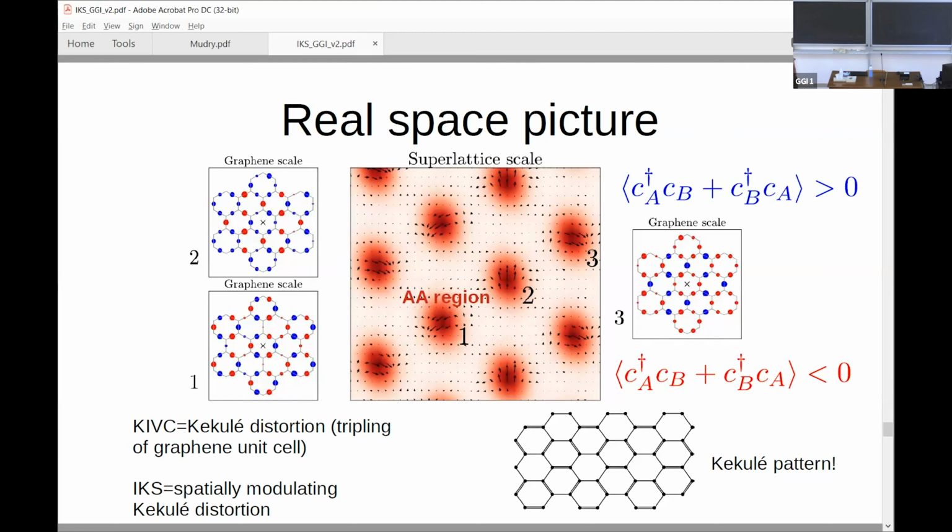You see as you go from 1 to 2 to 3, the Kekule pattern is changing, right? If you go around the black hexagon here, you've got alternating signs. If you go around the black hexagon here, you've got the same sign, but positive. And if you go around this hexagon here, you've got the same sign, but negative. Okay, so this is the precise way in which translational symmetries are broken in this Kekule spiral state.